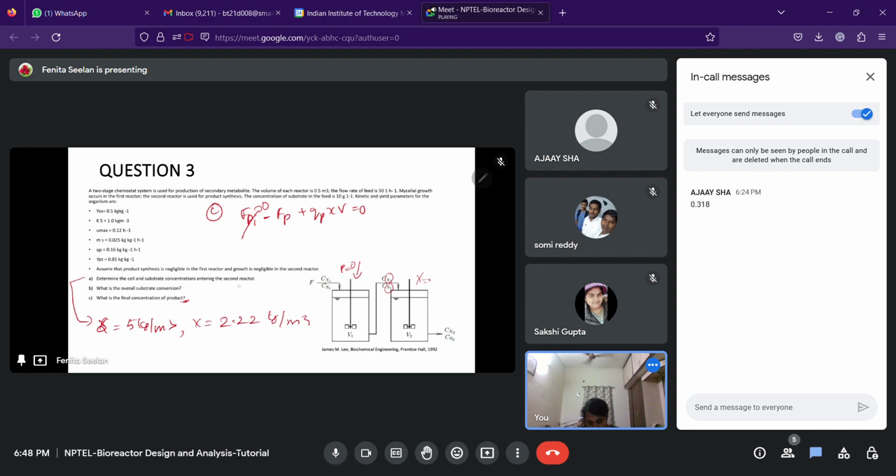It is given. So we can rearrange the terms. Rearranging, Fp is equal to Qp x V divided by F. So substitute the values of P, X and V, F here.